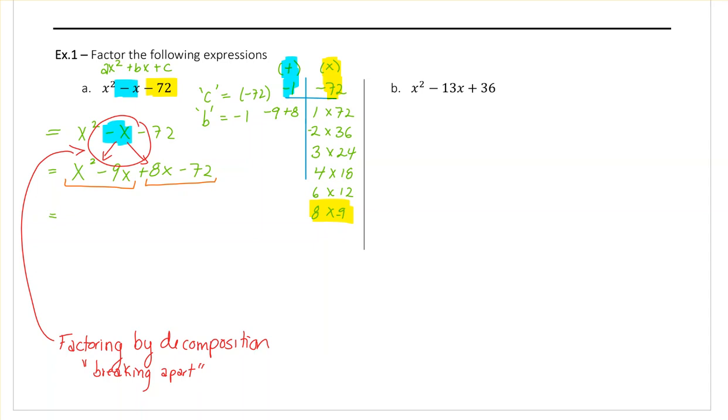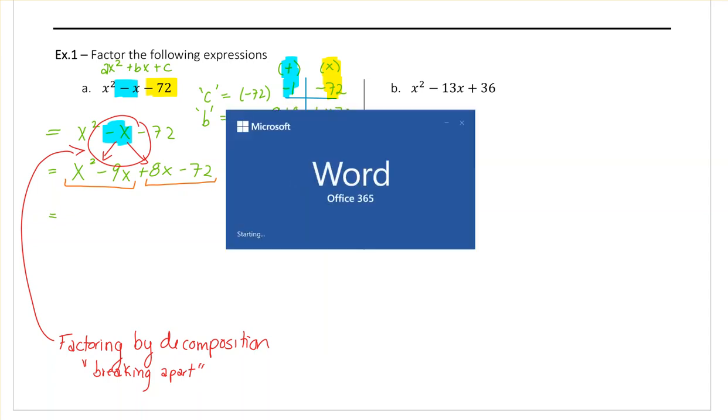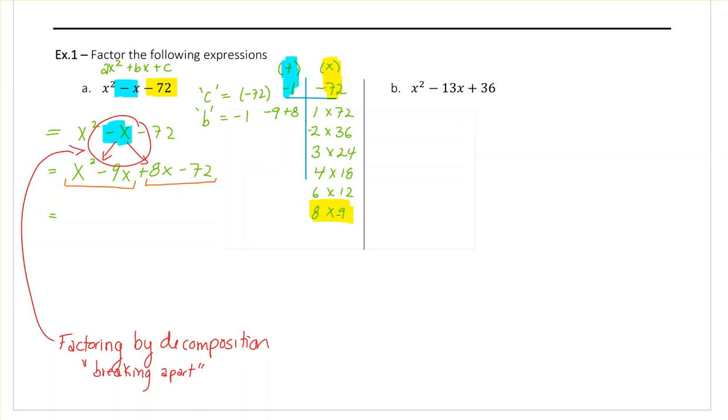Well, you're asking yourself, what is common amongst x squared and 9x? Well, there's no value, it's just x that is common to both. If you factor x out of both of these, you're left with x minus 9. Because you factor x out of x squared, you're left with x. You factor x out of negative 9x, you're left with negative 9.